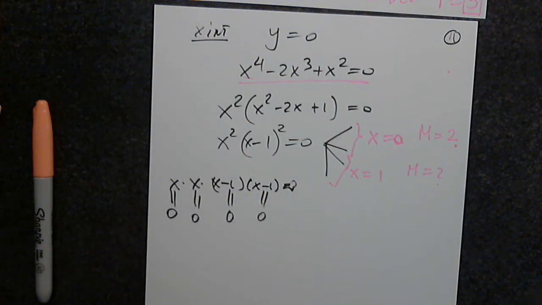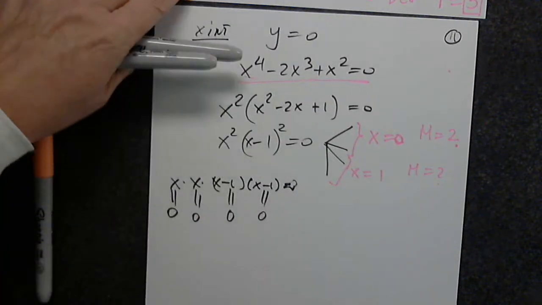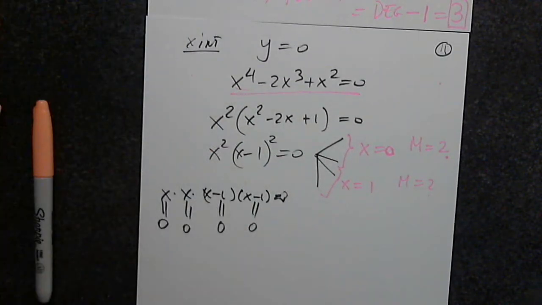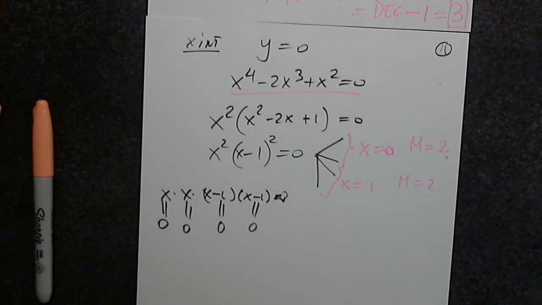So the 2's go because there's 2 zeros and there's 2 ones. I have to find 4 solutions. Yes, exactly. Is that okay? Good. So multiplicity 2 and multiplicity 2 in this case. So multiplicity 2 in both situations.